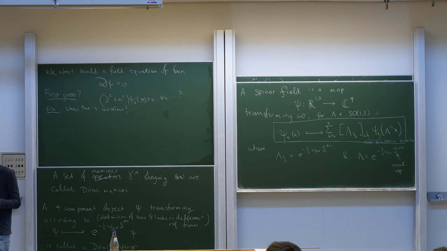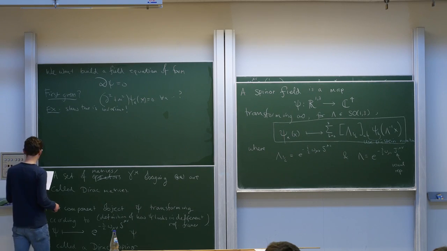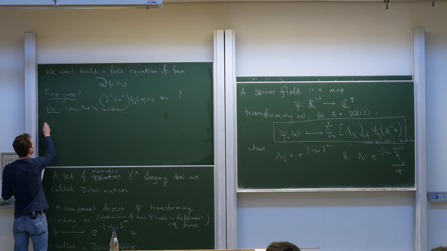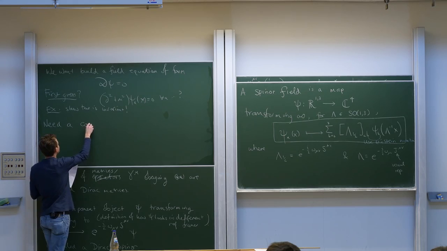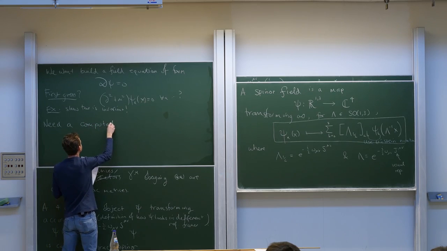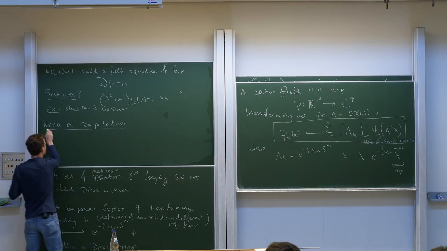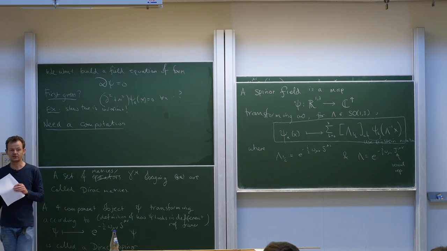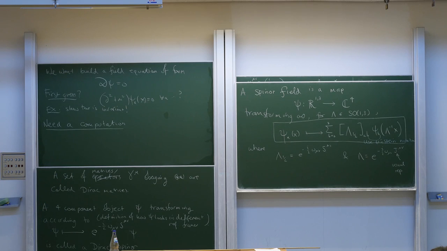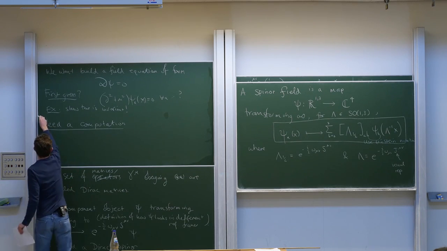But there's a far more remarkable equation you can write down, and it took really the genius of Dirac to spot this one. To write down this second invariant equation, we're going to need an auxiliary computation that we have to do right now.